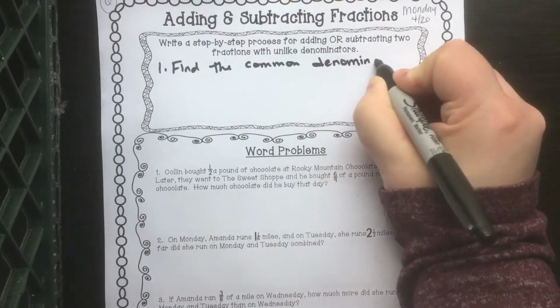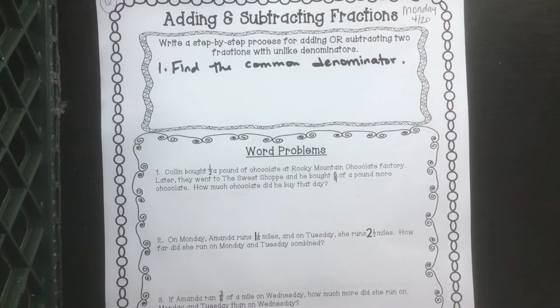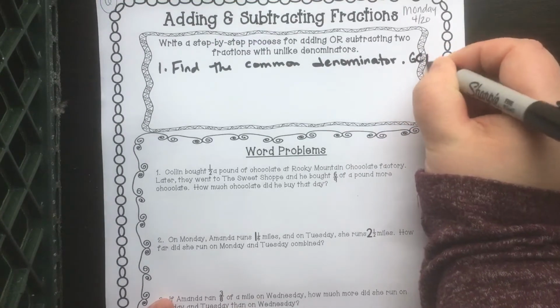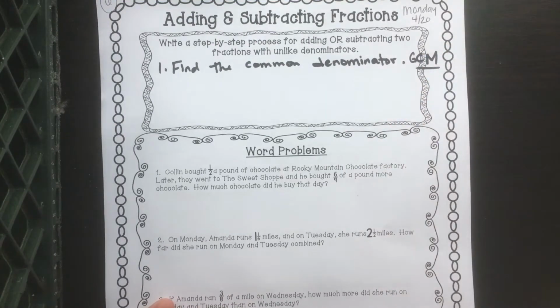If you do not know what the common denominator is off the top of your head, just from your practice, which I think most of these we should be able to do today, remember that you're using the greatest common multiple, the GCM. And so you count by the numbers until they're the same.